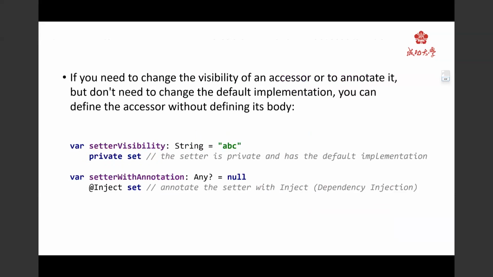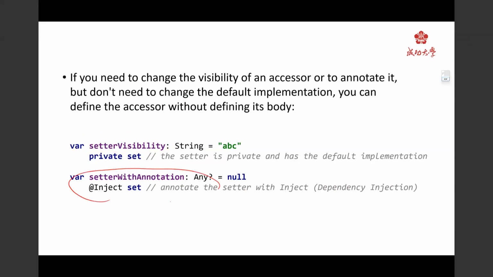This makes this property read-only. Only the object itself can modify its value, and all the others outside the object have no right or privilege to modify the value for this property.